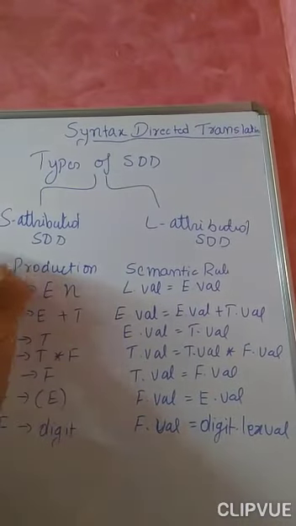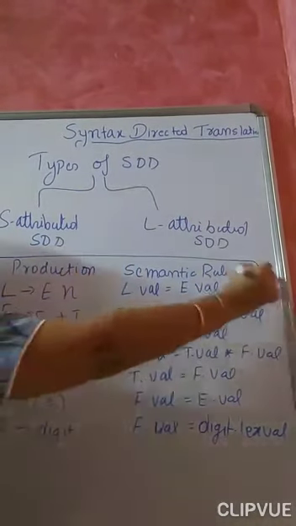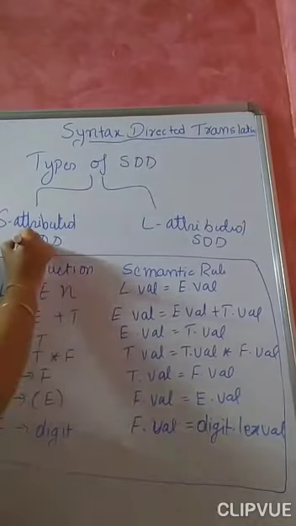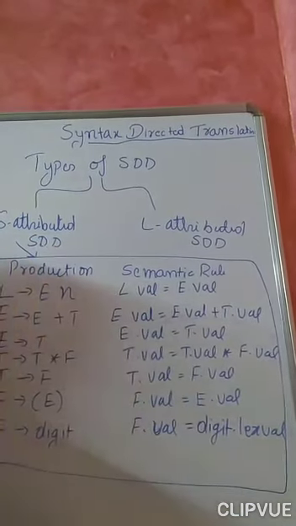Now we will take one example of such an S attributed SDD. So this is an example for an S attributed SDD.